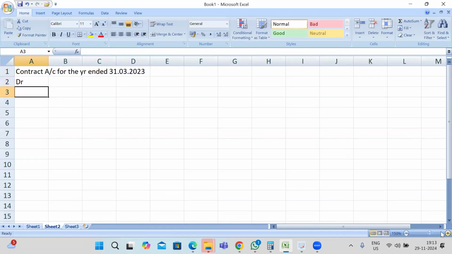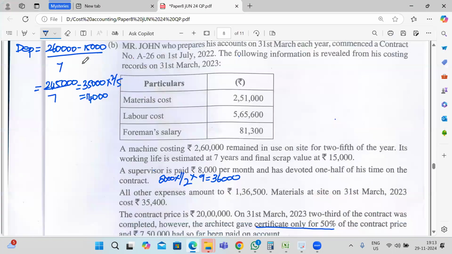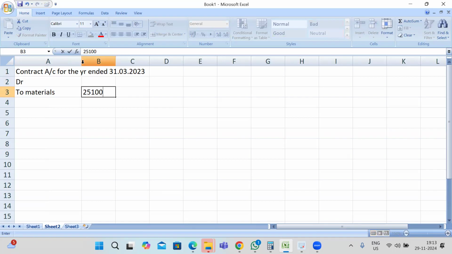So in the debit side, first I will be putting materials. Materials, I'm having 2,51,000, labor 5,65,600. Then we had a foreman's salary, that is 81,300.